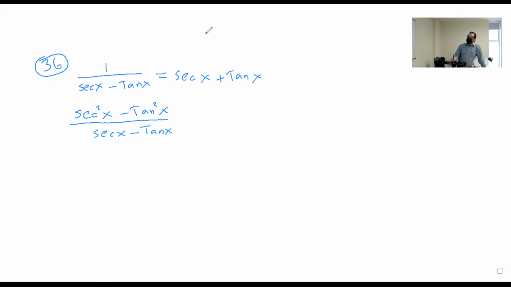Now, again, remembering that x plus y times x minus y is equal to x squared minus y squared, it would be really useful if here we could multiply this secant x minus tangent of x by secant of x plus tangent of x.